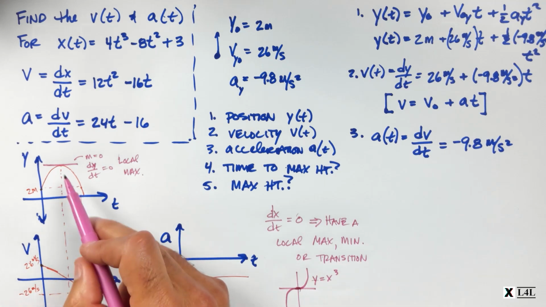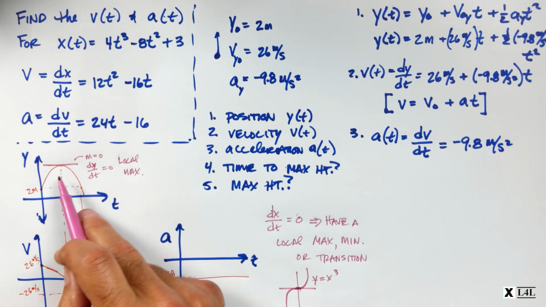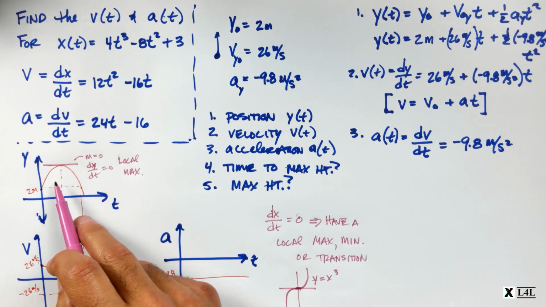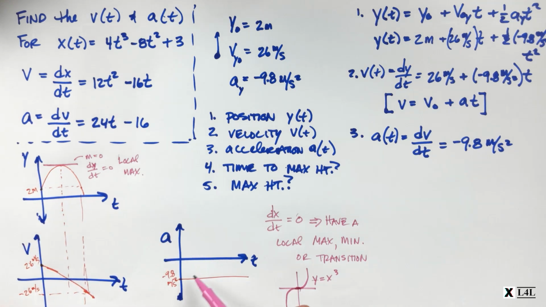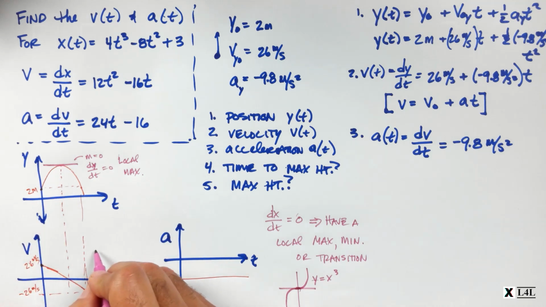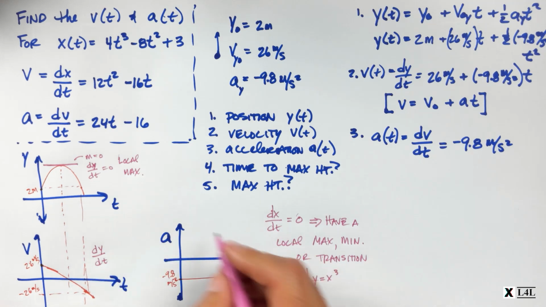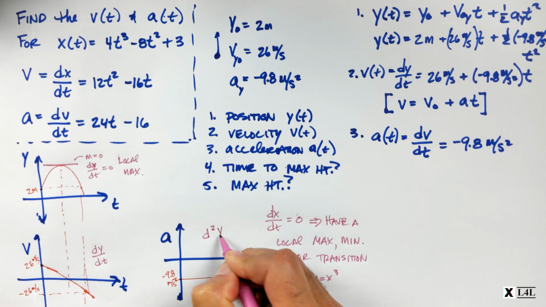Okay. Turns out that when you have a maximum value, the second derivative of your position, which would be your acceleration. So here's your first derivative. Okay, so this is dy dt, and this is the second derivative of the position function.